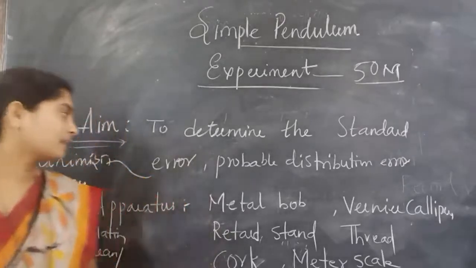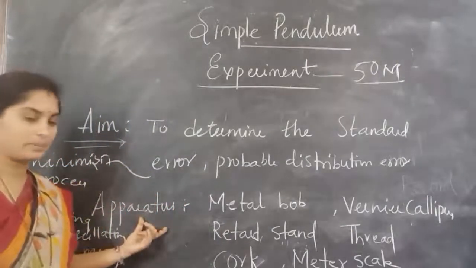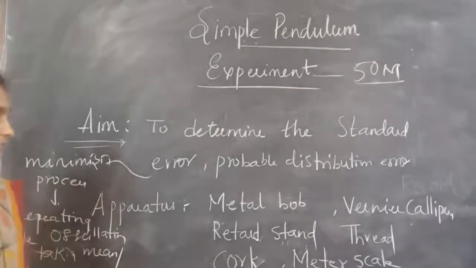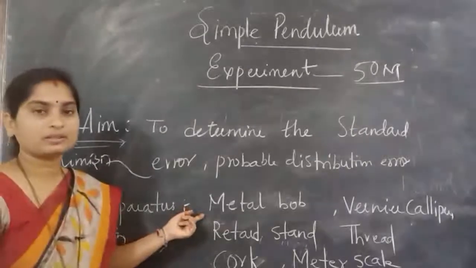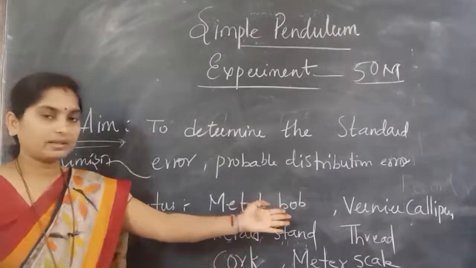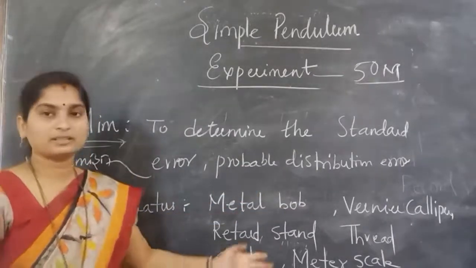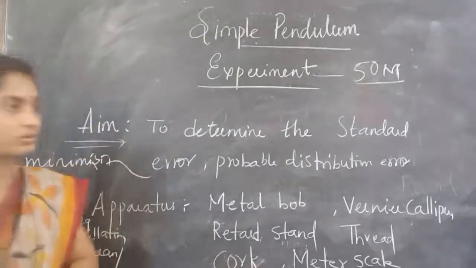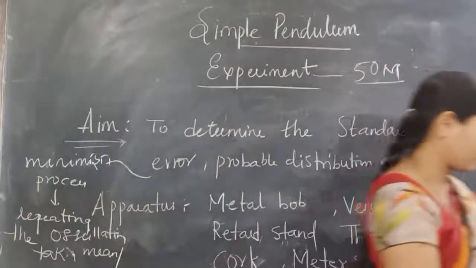These are called apparatus. What are those apparatus? A metal bob first, next vernier calipers, retort stand, thread, cork, meter scale. Let us see what those apparatus are.